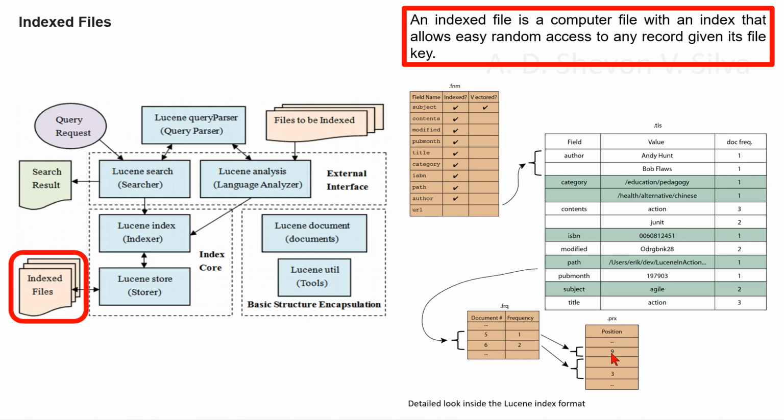We use the standard analyzer, thus stop words in Ant in Action, for example, are removed. Document 6, JUnit in Action, Second Edition, contains the value JUnit twice: once in position 1 and again in position 3.